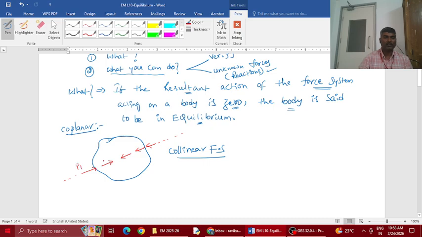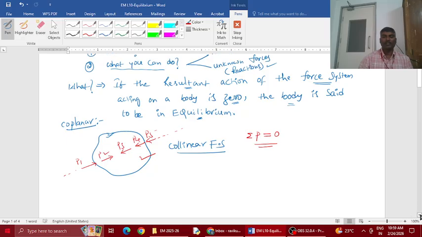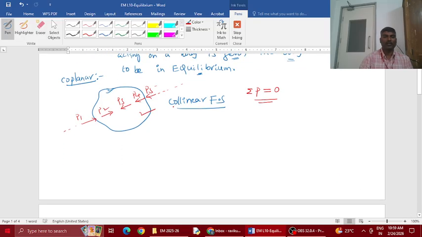This is something like P1, P2, P3, P4, P5. If the sum of all forces is equal to zero, then I say that this body is in equilibrium. This is how you verify the equilibrium of a coplanar collinear force system.